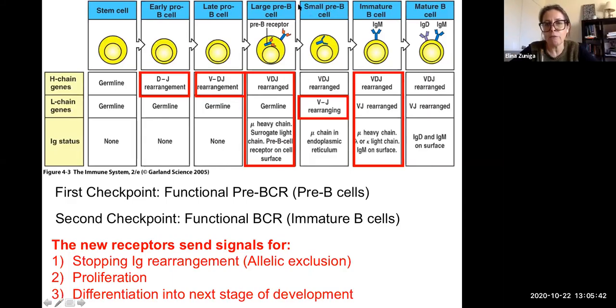In this case, for the pre-BCR, after passing the first checkpoint, it will differentiate into a small pre-B cell, and for the immature B cell, it will differentiate into the immature B cell. This transition is the second checkpoint. If there is a correct expression of the BCR, the cell will differentiate into an immature B cell.